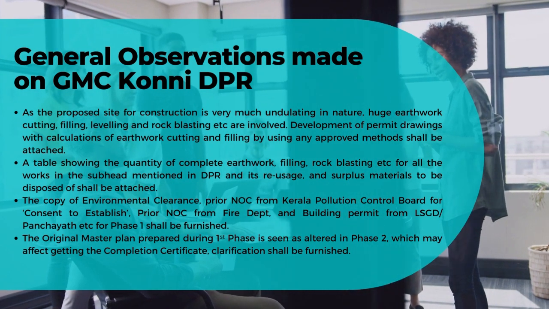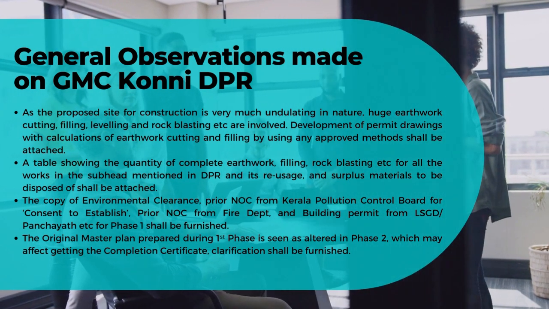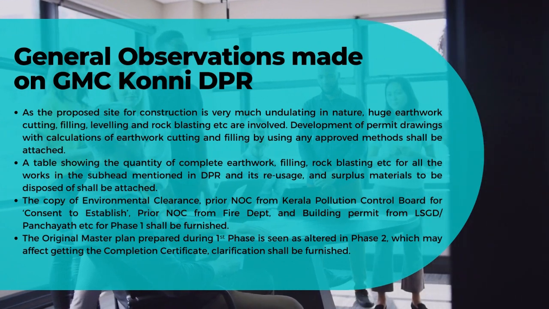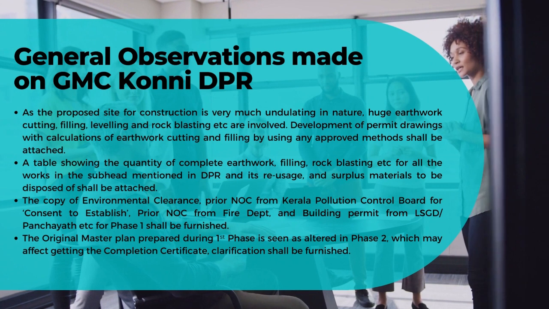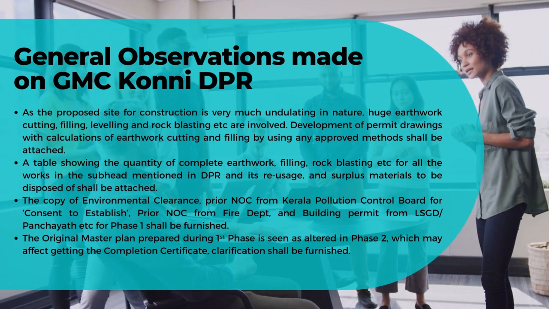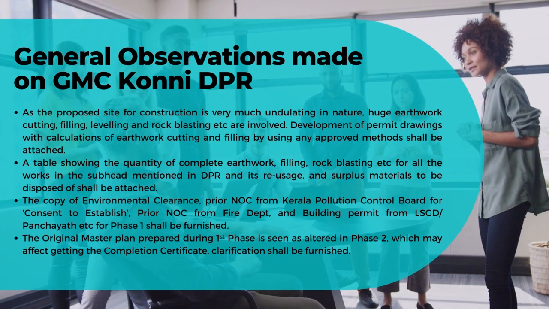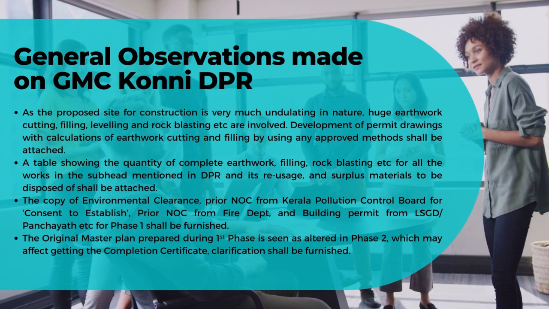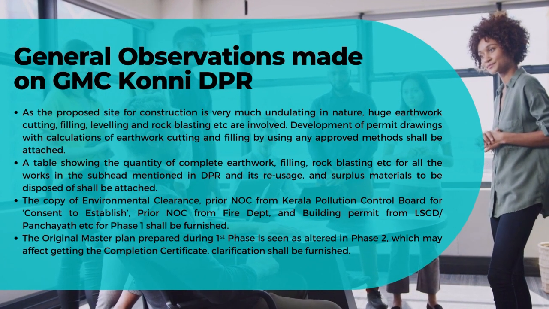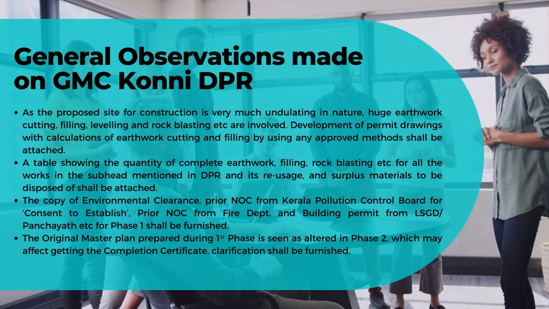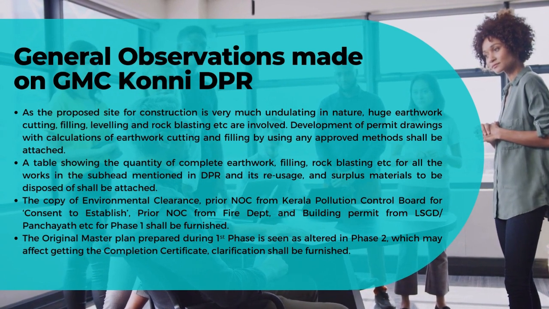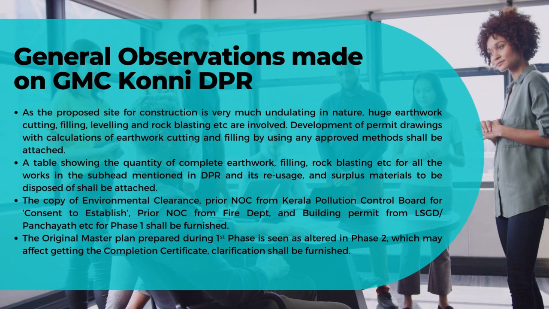A table showing the quantity of complete earthwork, filling, rock blasting, etc. for all the works in the subhead mentioned in the DPR, and its reuse and surplus materials to be disposed of shall be attached. The copy of environmental clearance, prior NOC from Kerala Pollution Control Board for consent to establish, prior NOC from Fire Department, and building permit from LSGD or Panchayat, etc. for phase 1 shall be furnished.